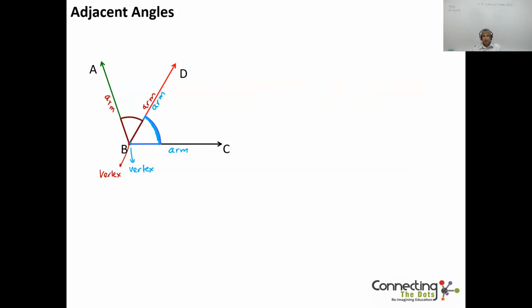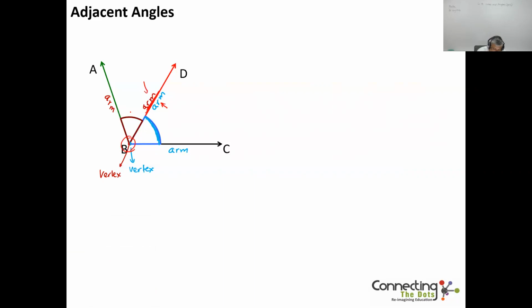All right. So two angles will be called adjacent only if they have the common vertex and they have one arm which is common to both. Correct?